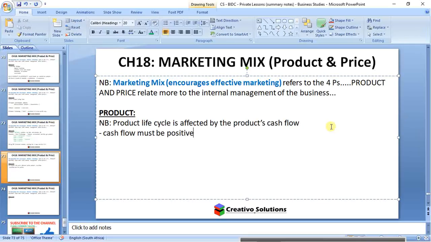They said cash flow is negative during the development of the products because costs are high. See? That's important. So, cash flow at the start is negative, bracket limited growth.